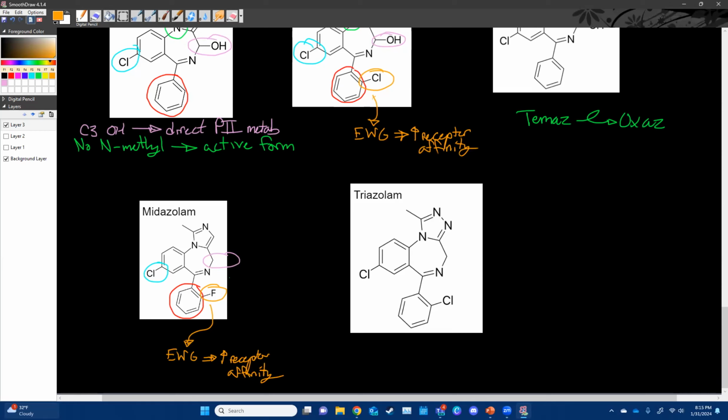So what's the big difference with the short-acting drugs? Well, it's this alpha methyl group, which I will write in a light purple. This alpha methyl goes through a very, very specific fast metabolism where it becomes a carboxylic acid.